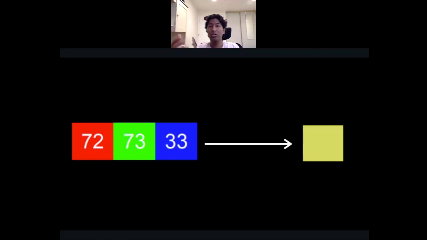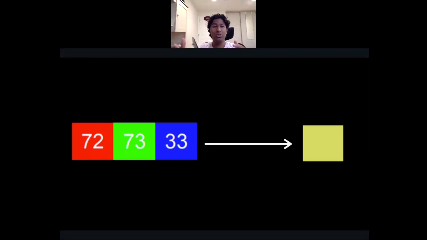Computers also show color. And one conventional way that computers represent color is using something called an RGB system. An RGB system basically specifies how much red, how much green, and how much blue to combine to create a color.